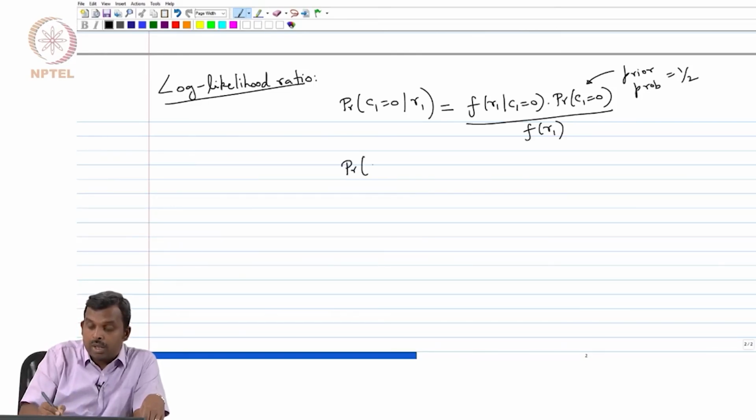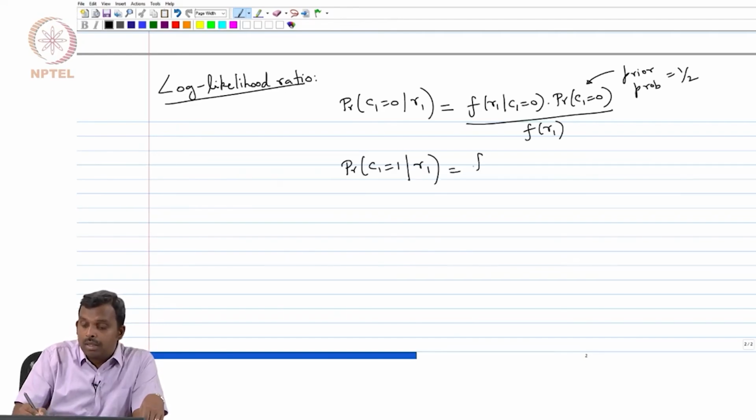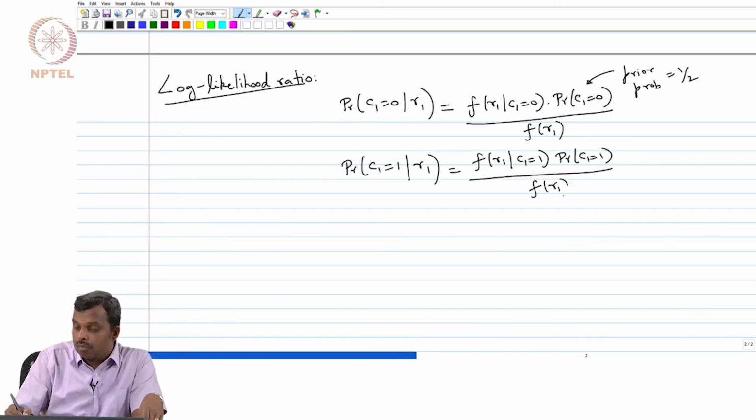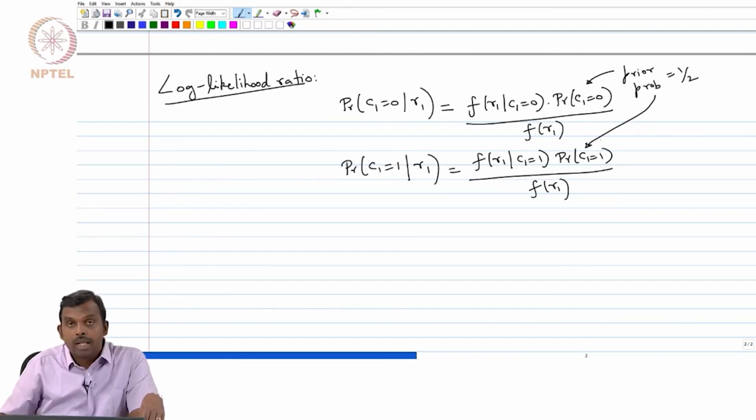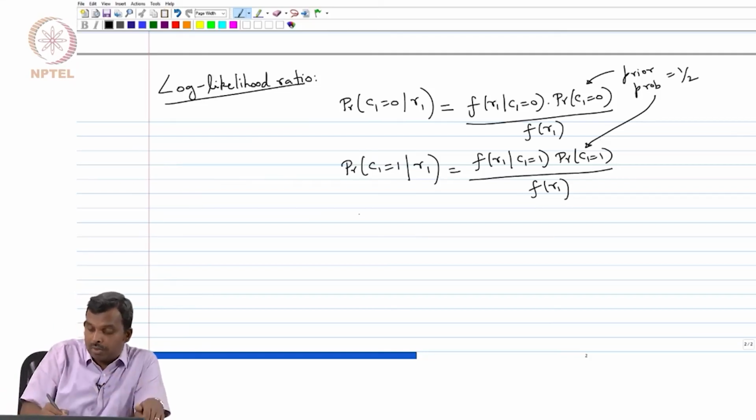They use this likelihood ratio. Let me write down what that is. You can also write down the probability that C1 is 1 given R1. This will be similar to this. Once again, this is also a prior probability and it's half. It's comfortable to take this ratio here. It gets rid of some of the quantities that you don't really care too much about.